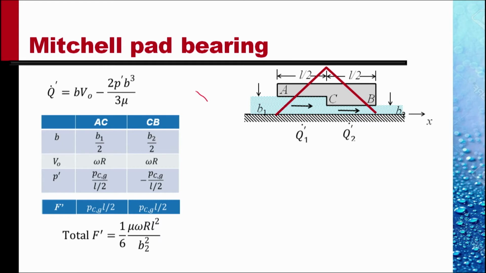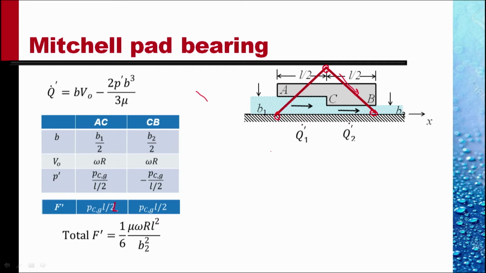The pressure in the first part AC is rising from 0 to PCG, and in the second part the pressure is decreasing from PCG back to 0. So pressure acting on the part AC varies from 0 to PCG. The average pressure is PCG divided by 2. And so this is the force per unit length that we found.